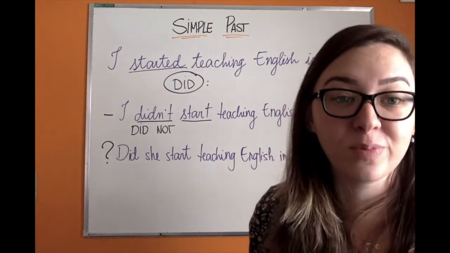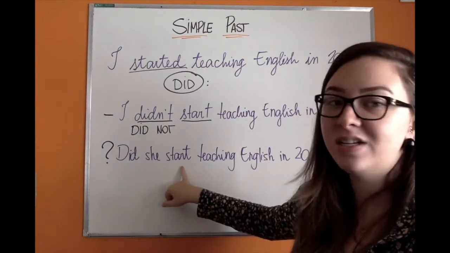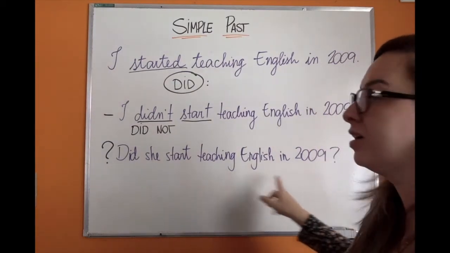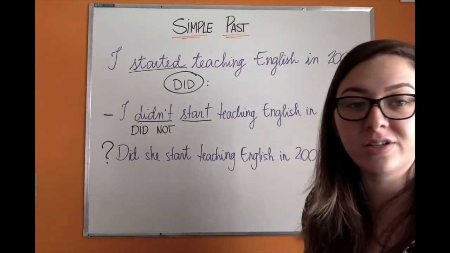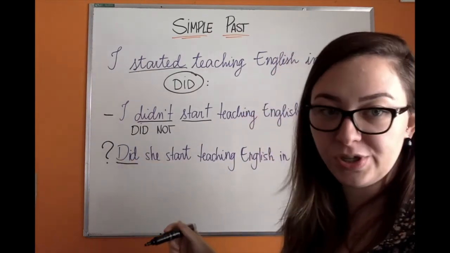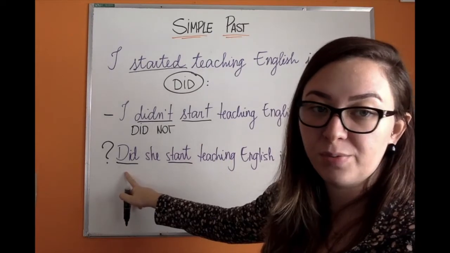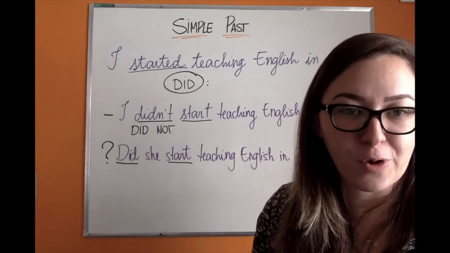Now it's the simple past. So, did she start teaching English in 2009? Or did I start? Did you start? So it doesn't matter who is the subject. I always have the auxiliary verb and the main verb in the basic form.